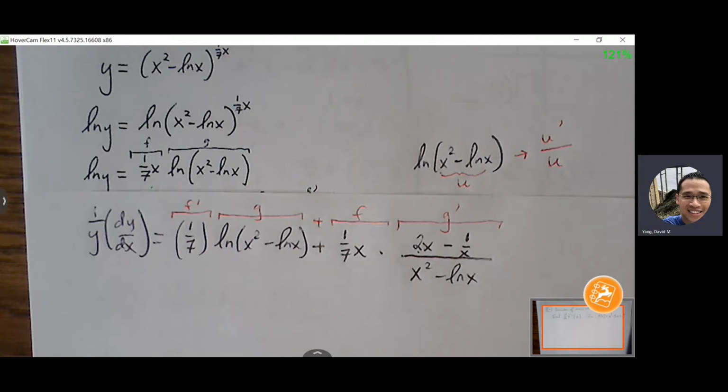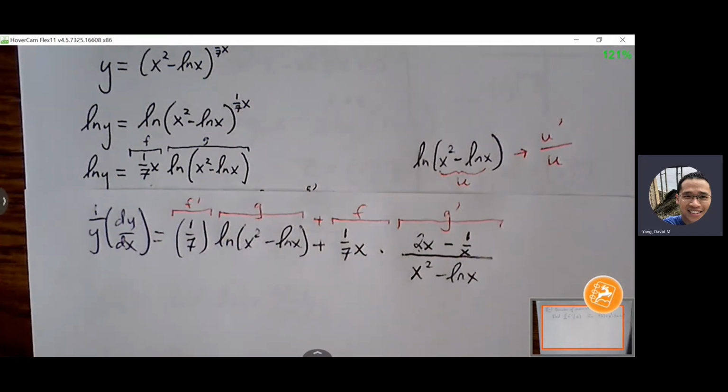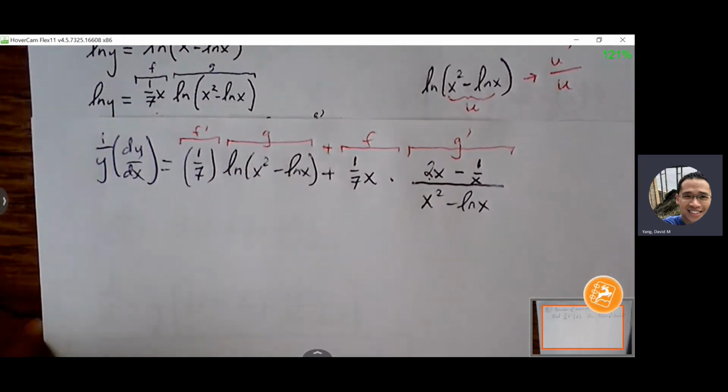Okay, so the calculus is done. Now we just have to try to get dy dx by itself. We'll move that y over to the right side. We'll have a replacement for y. And then this is going to do a little bit more cleanup, but the majority of our work is done.